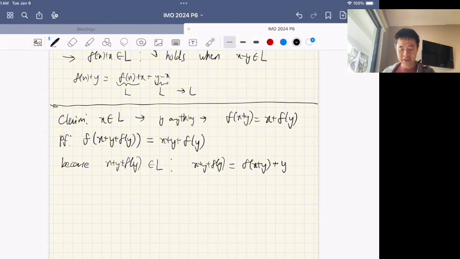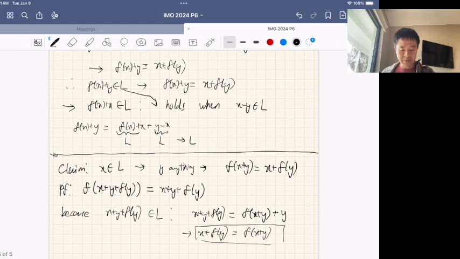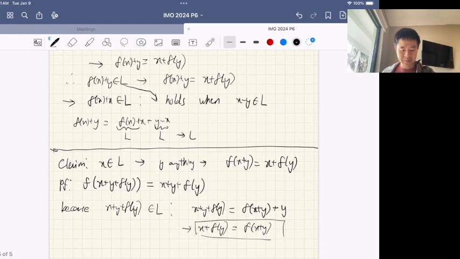So you just swap this x plus y and y. This means x plus f(y) equals f of x plus y. So basically, we just have this property, except you substitute x plus y into x.